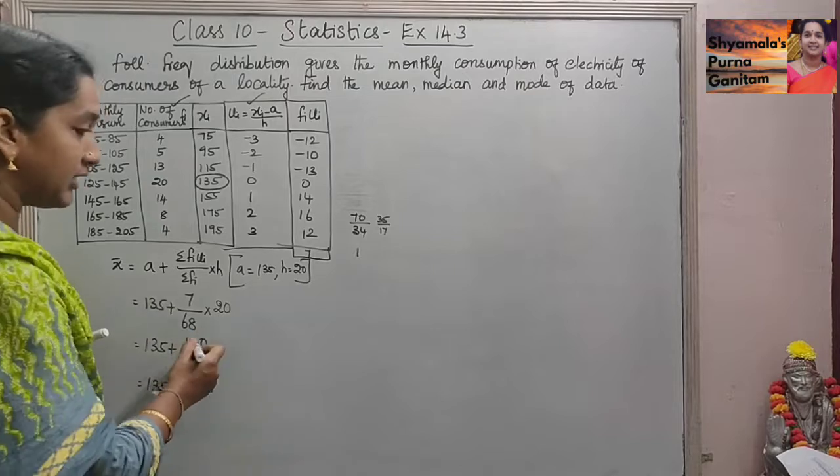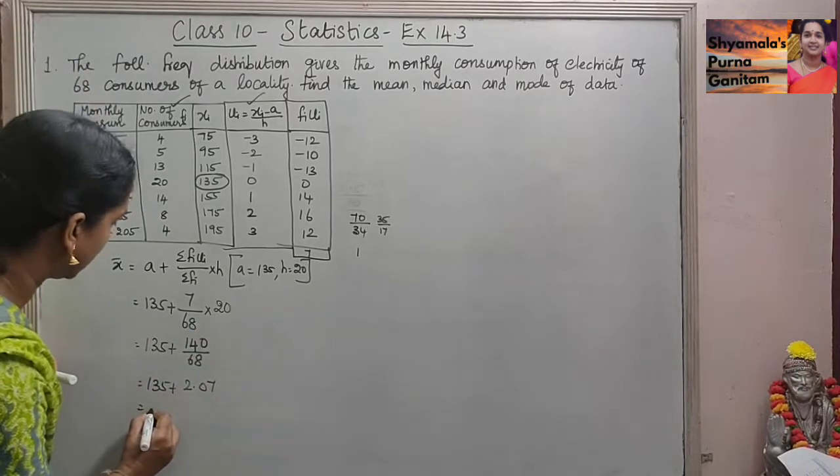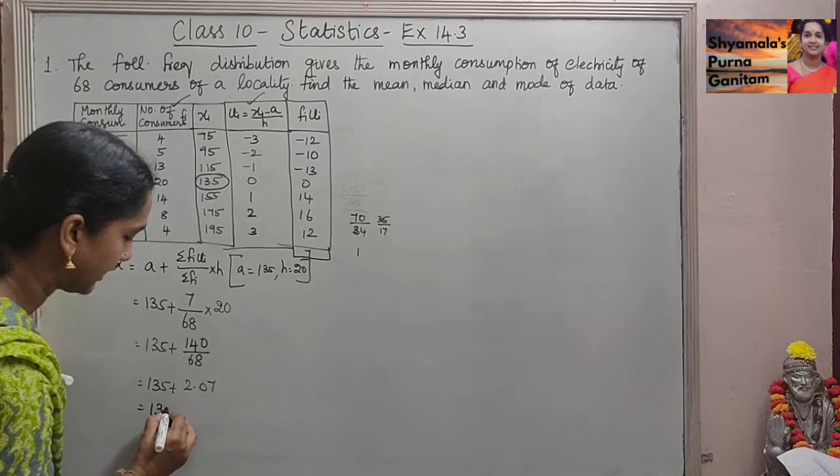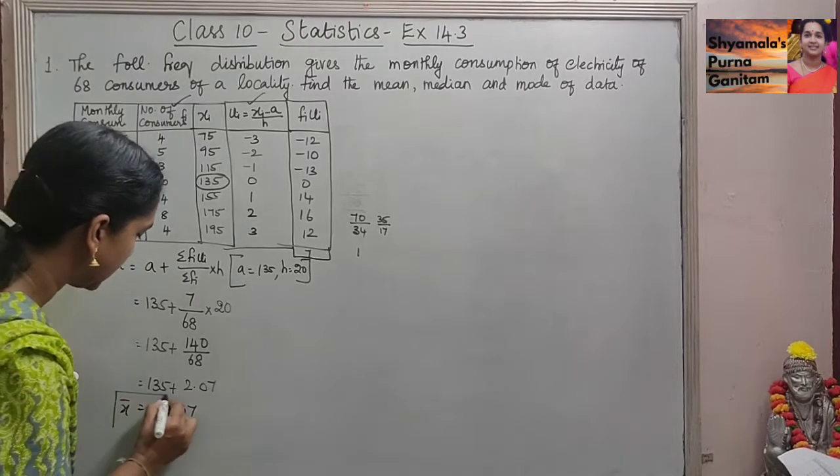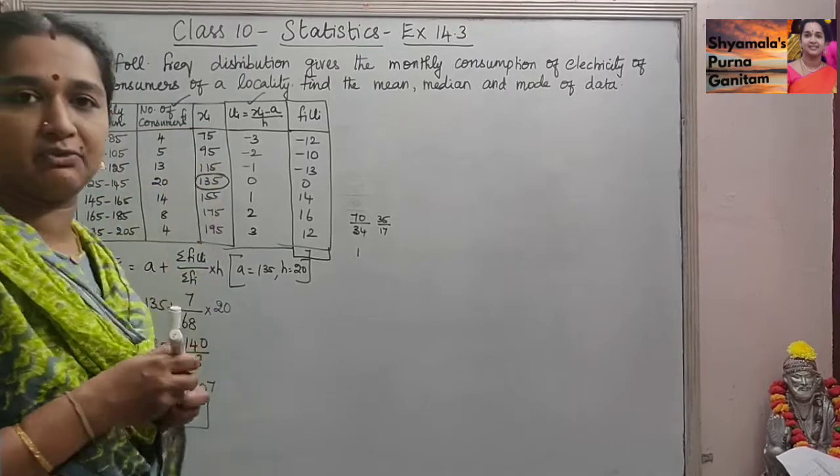When we simplify this, we get 2.07. So the arithmetic mean is 137.07. This is the arithmetic mean for the given information.